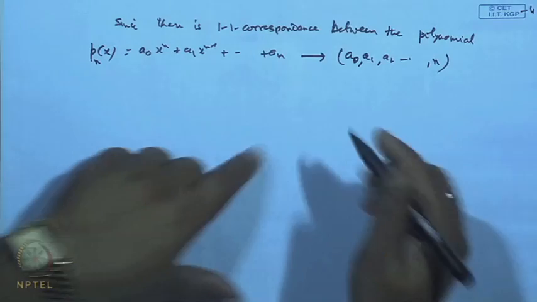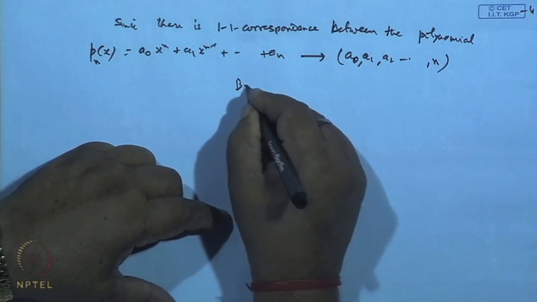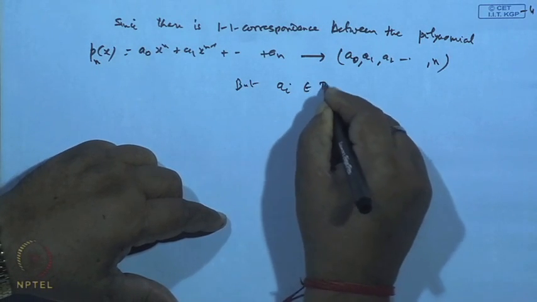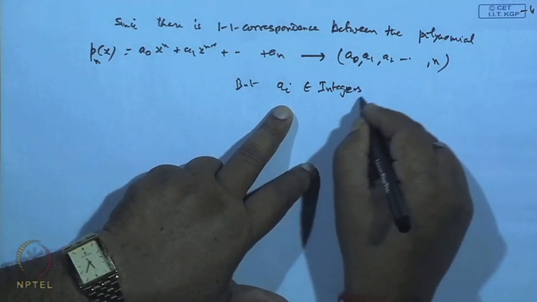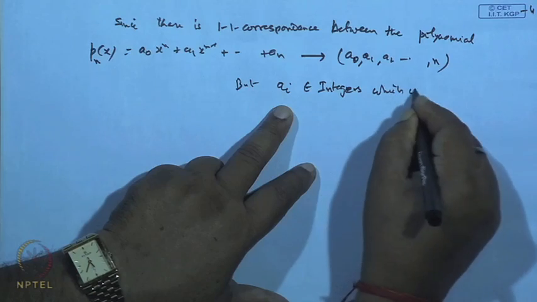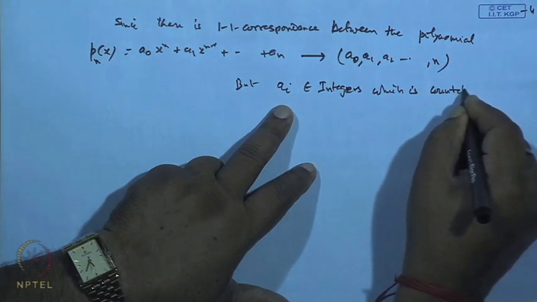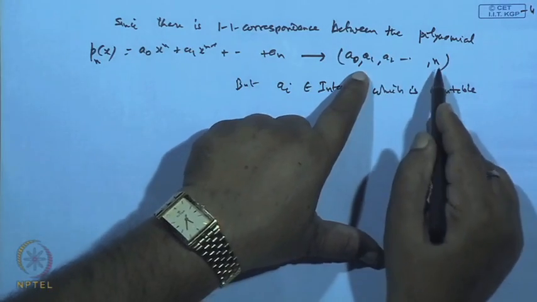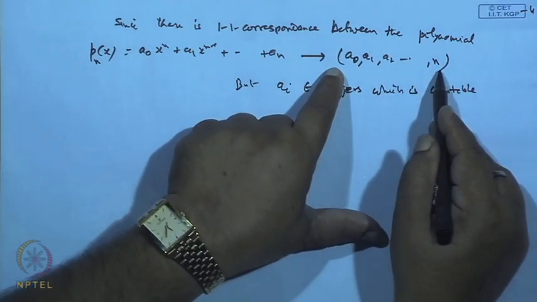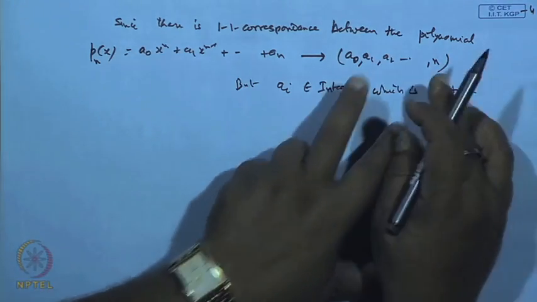But what are the coordinates? The coordinates of this, they are integers, integral values, and the set of integers is countable. So, this collection of the tuples is a countable set, because these are integers and this collection of tuples will be countable.